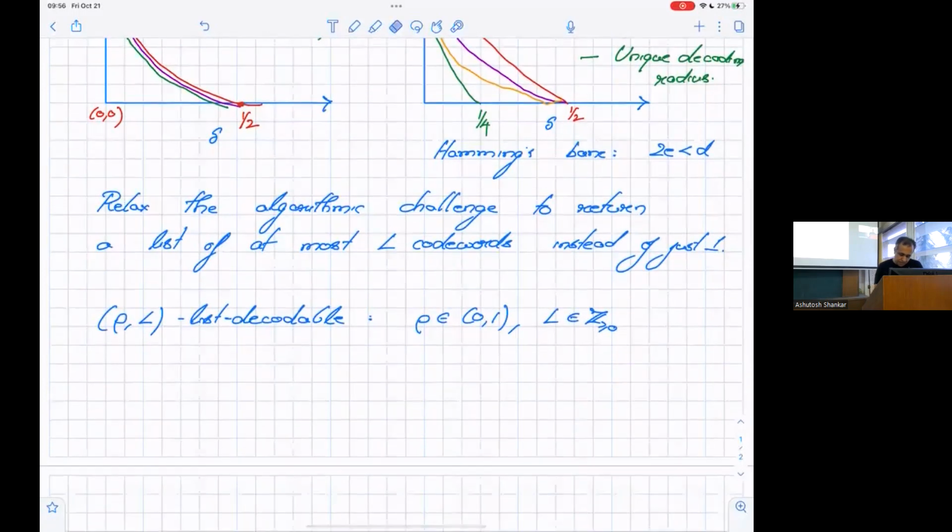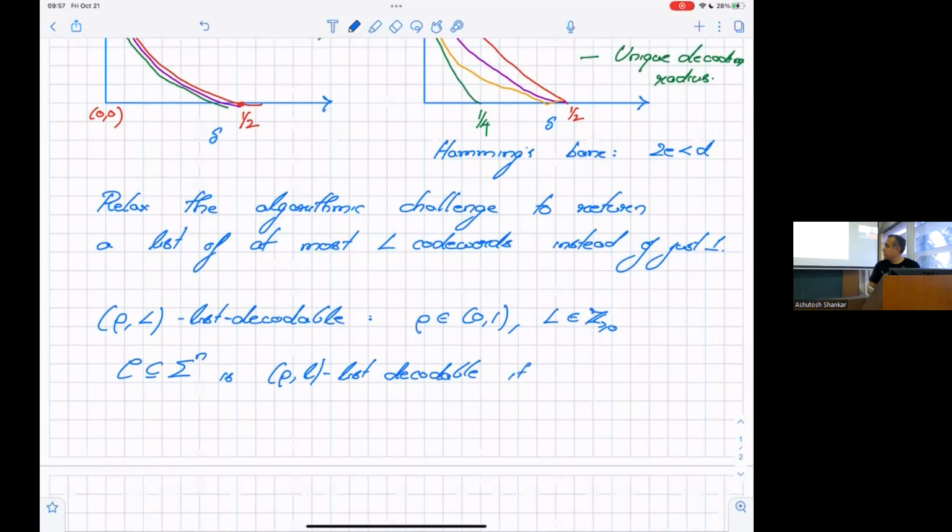A code C, a subset of Sigma to the n, and you can think of C as given by the encoding function, with some dimension, is said to be rho, L list decodable if there exists a decoding algorithm. I'm not going to put any computational restrictions on the algorithm. Right now I just want a function.